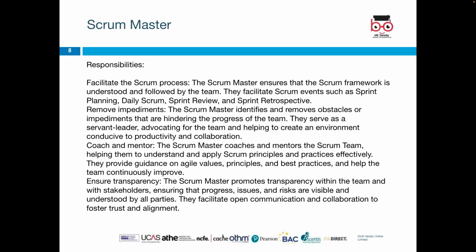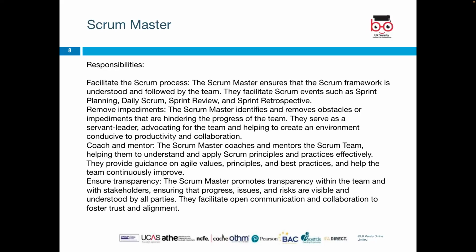So the responsibility of a Scrum Master. The Scrum Master is responsible for facilitating the Scrum process. They ensure that the Scrum framework is understood and followed by the team. They facilitate Scrum events such as sprint planning, daily Scrum, sprint review, and sprint retrospective. They also remove impediments: they identify and remove obstacles.